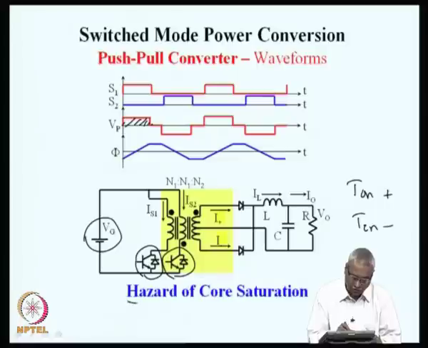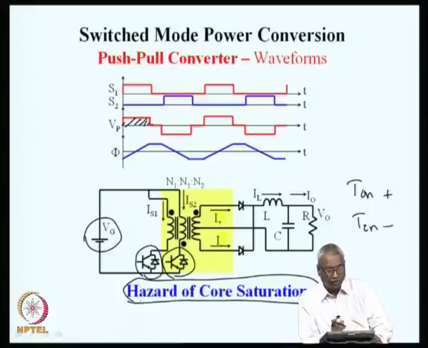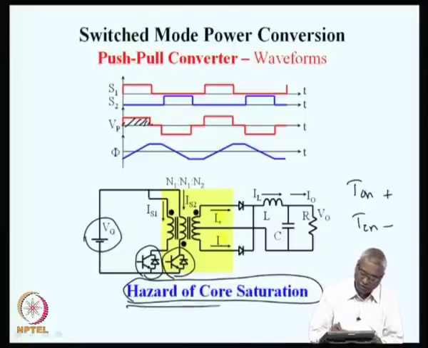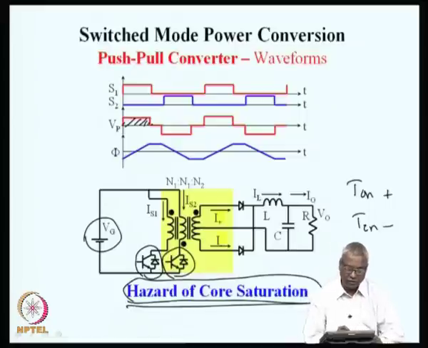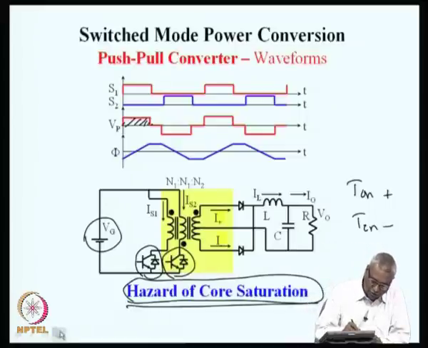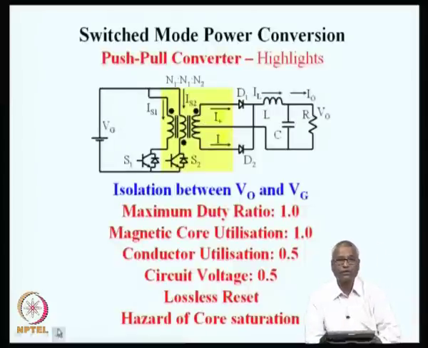This is something which requires suitable handling, and we will not look at it right now, but later on we will see this when we try to do the current mode control. One of the negative points, one of the dangers of the push-pull converter is that it has the hazard of core saturation, and so at low powers it can be used directly. At high powers you have to take additional precautions to make sure that the core does not saturate.